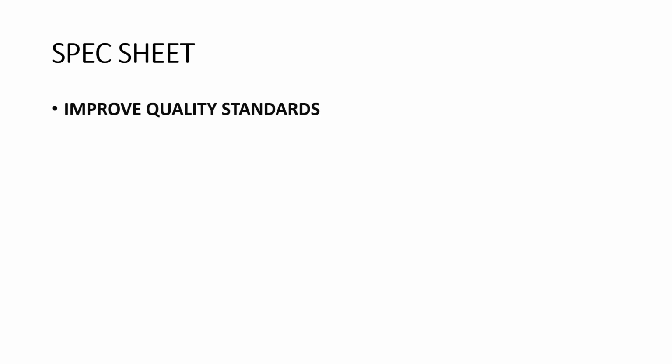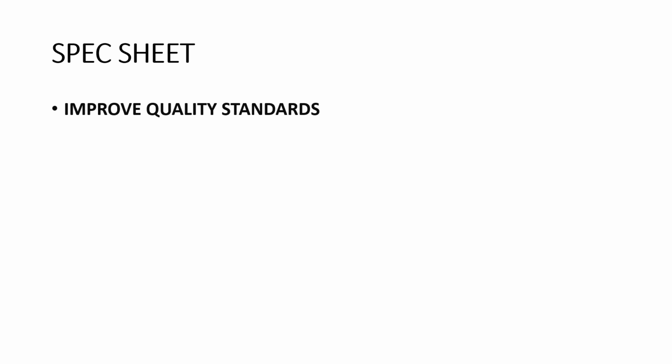The specification sheet talks about quality also. What will be the quality of the dyes to be used, what will be the quality of the accessories, then the quality of the fabric, all things are there under these quality norms.